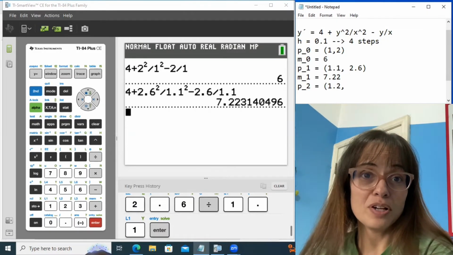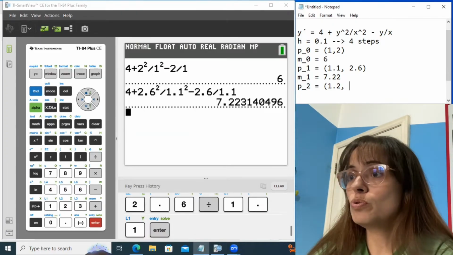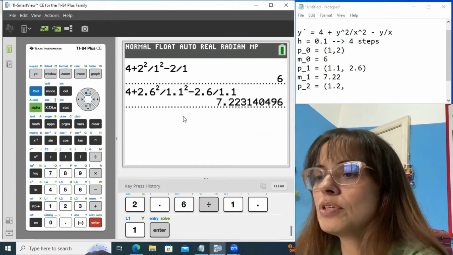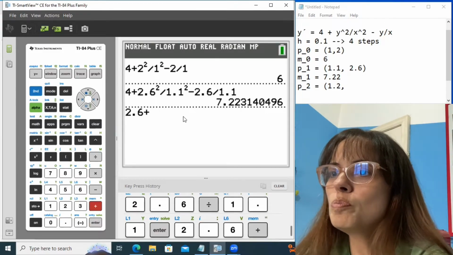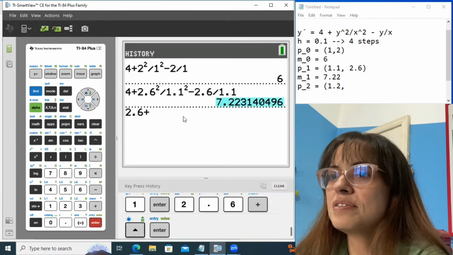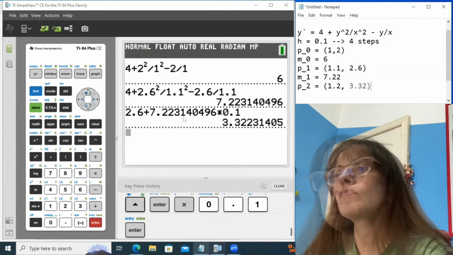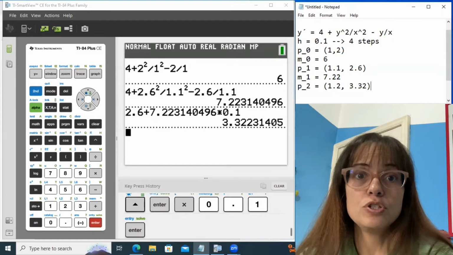This time is not such a pretty number, but it is what I am going to use to find the y-coordinate of P2. Well, I have the calculator open, so let's not try to do this in my head. It's 2.6 plus this number times the step size. So 3.32 is the y-coordinate of P2.